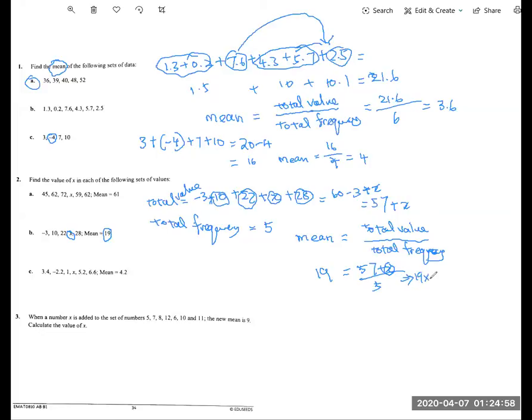This brings up 95 equal to 57 plus x. So 95 minus 57 equal to x. This gives you 38 equal to x.